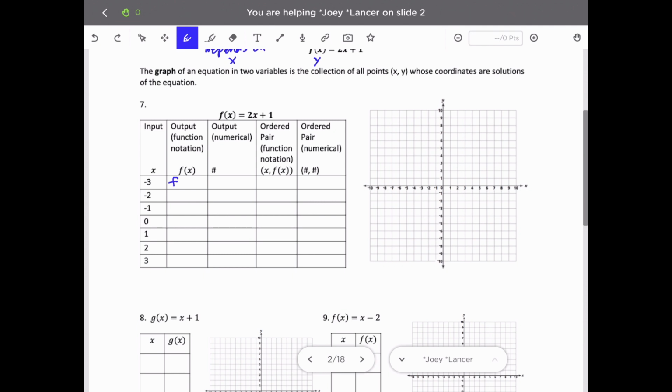Here, the function f of x represents the output. And this says, what is f of x when x is -3? The output would be 2 times -3 plus 1, which equals -5.